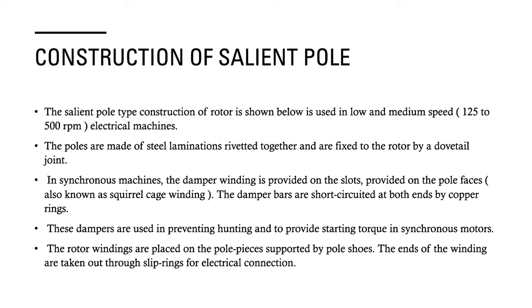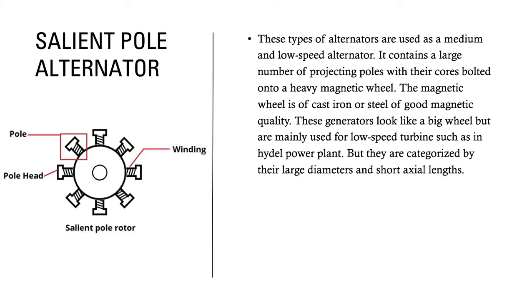Construction of salient pole alternator. The salient pole type construction of rotor is shown below. It is used in low and medium speed, that is 125 to 500 rpm, electrical machines. The image is shown in the previous slide. This is the image, the salient pole rotor.